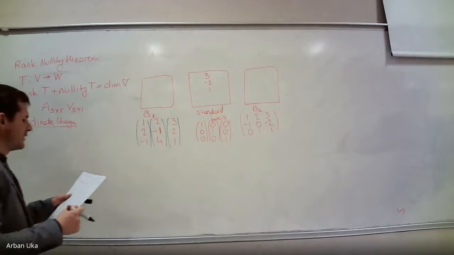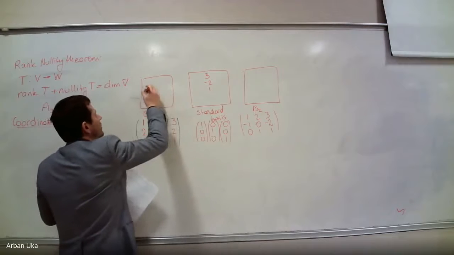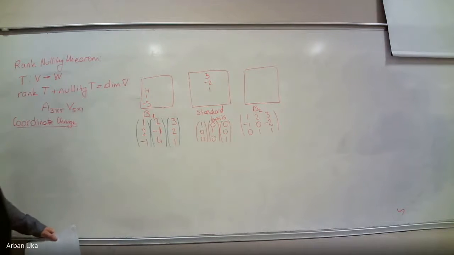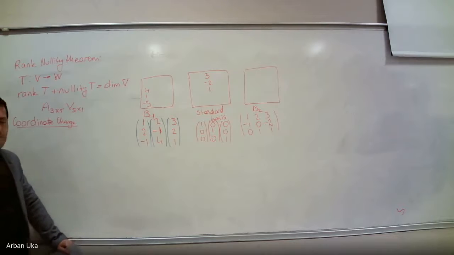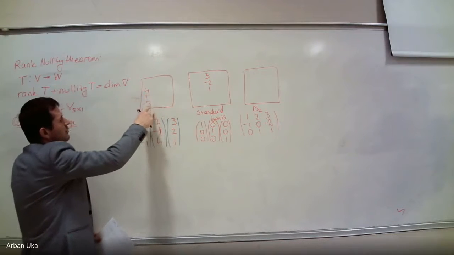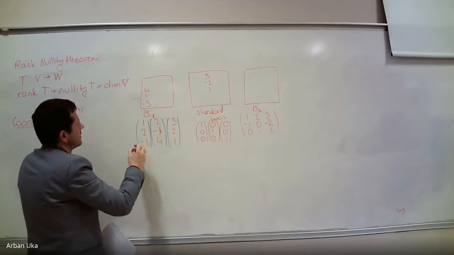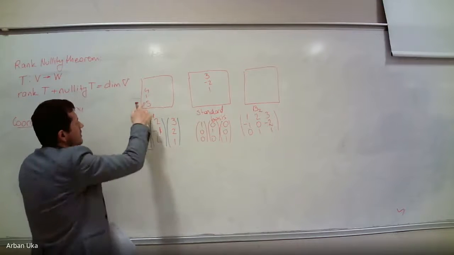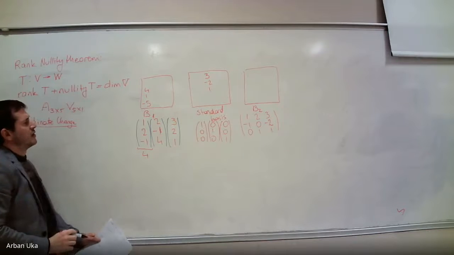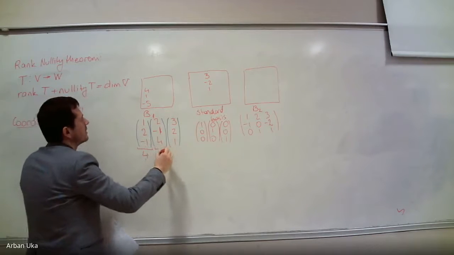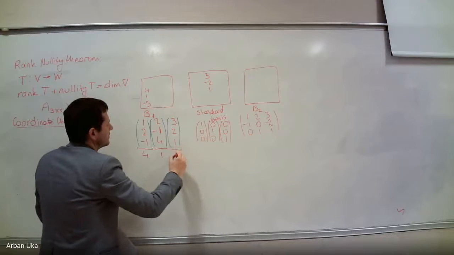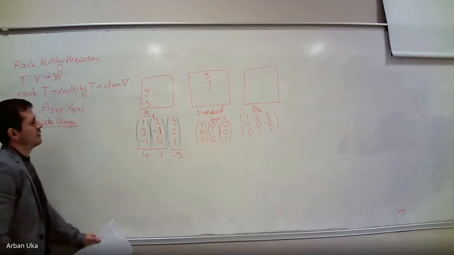Now, assume that we have a vector which is 4, 1, minus 5, but this is in basis B1. What does this mean? According to the basis B1, the projection along the first column is 4, the projection along the second column is 1, and the projection along the third column is minus 5.